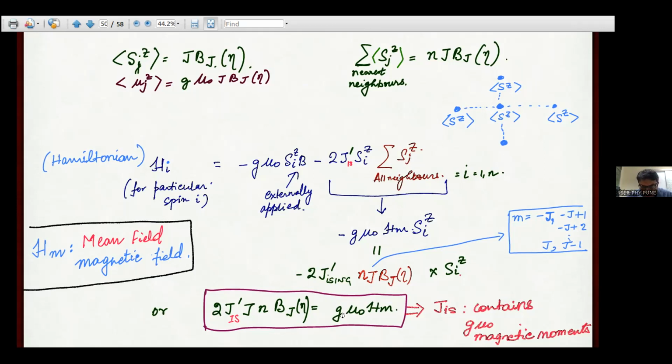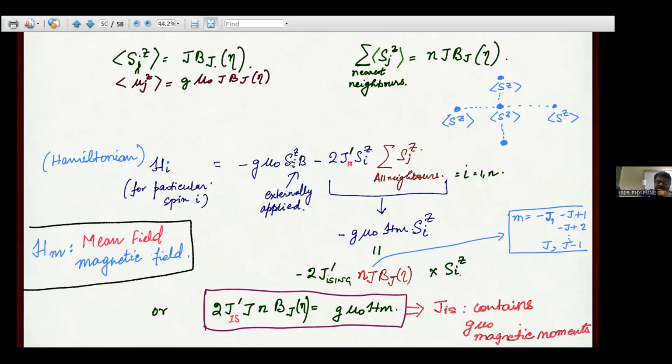So these are average spin values, and this would contain things like the magnetic moment. So we are comparing magnetic moments, two equivalent quantities.